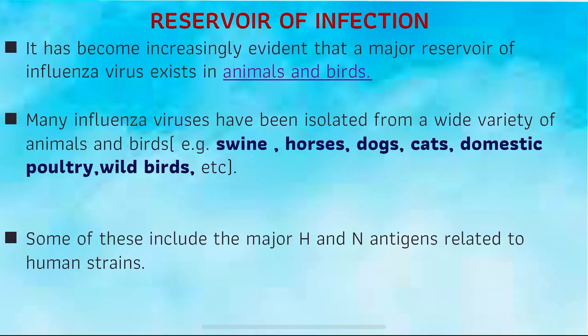Many influenza viruses have been isolated from a wide variety of animals and birds: swines or pigs, horses, cats, dogs, domestic poultry, wild birds, etc. Some of these include the major H and N antigens which are related to human strains.